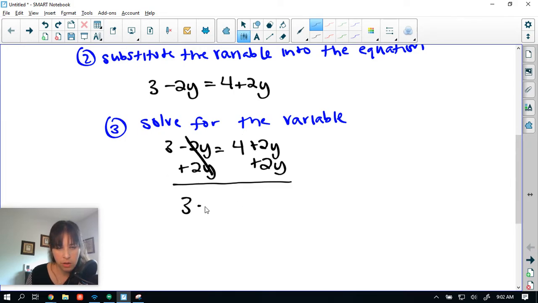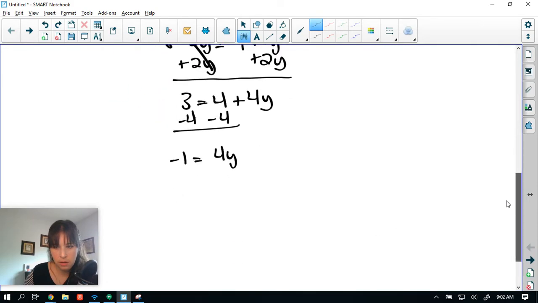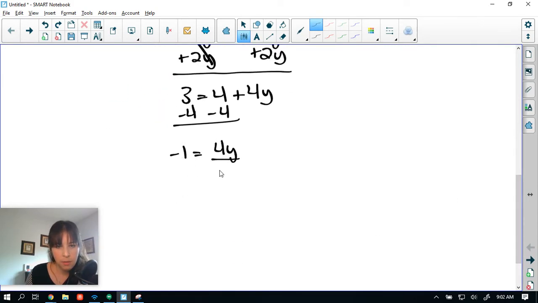So we get 3 equals 4 plus 4y. Subtract 4. I get negative 1 equals 4y. Divide by 4, because again, I want to get this y by itself. I am solving for that y, and I get negative 1/4 equals y.